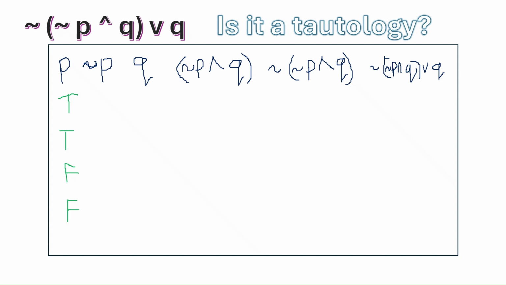Then for our Q, it's true, false, true, false. Then here we're looking at our not P. Not P is the opposite of P, so it'll be false, false, true, and true.